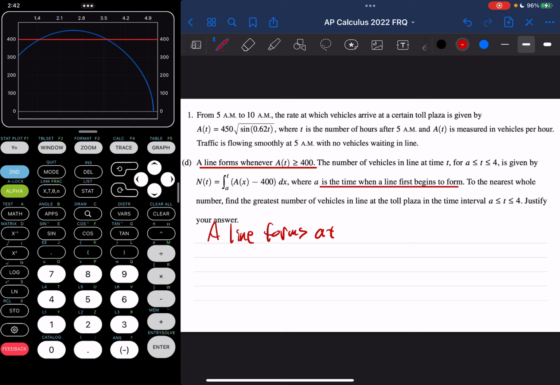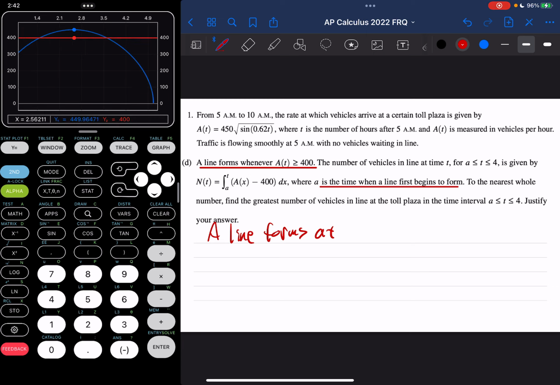So in this region up in here, this is where a line is forming, because anytime the rate is greater than 400, we have a line. The cars are arriving faster than they can process them. So we have to find when it starts to form right here, and then when it ends right there.